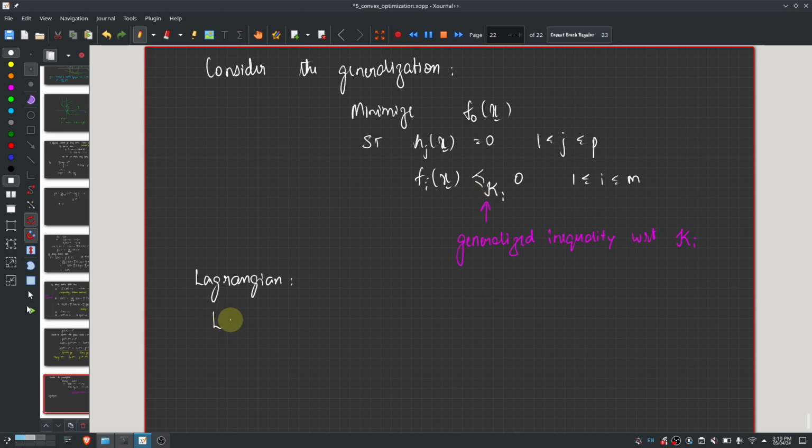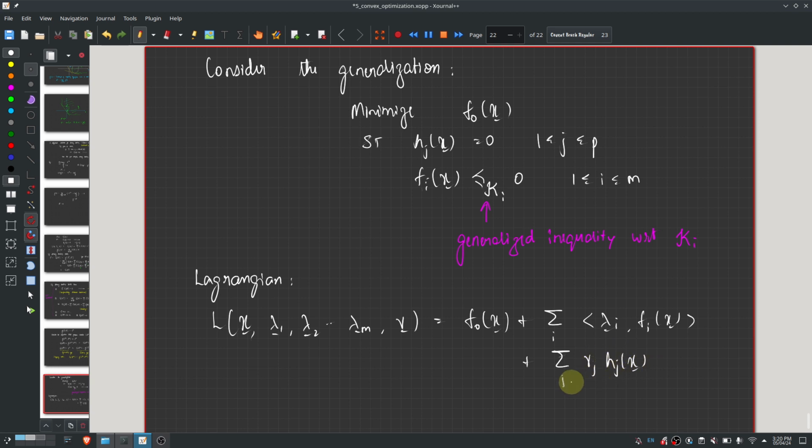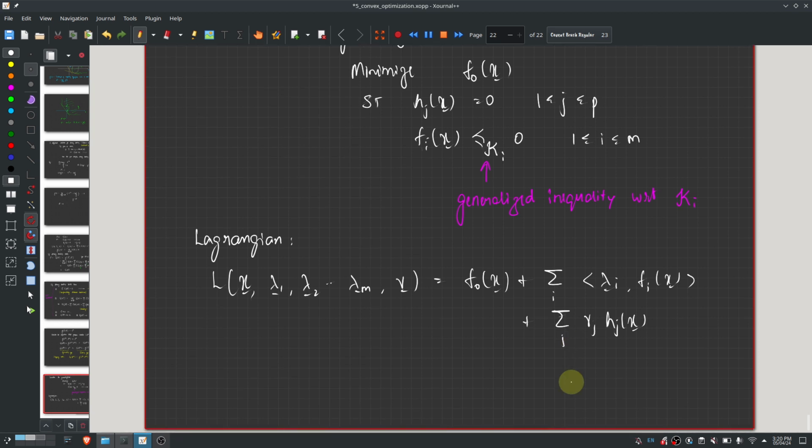Okay, so the Lagrangian will be a function of x, and you also have lambda 1, lambda 2 up to lambda m, where each of these lambda i's is a vector, and nu, which is equal to f0 of x plus summation over i, the inner product between lambda i and fi of x, plus summation over j nu j hj of x. hj is a function from Rn to R, because anyway these are equality constraints.